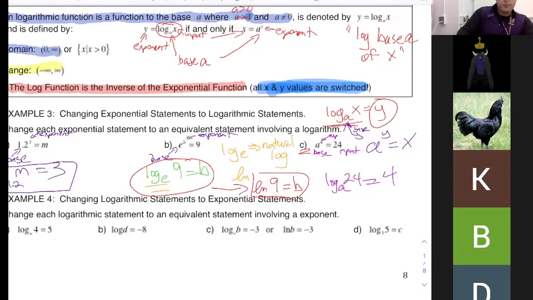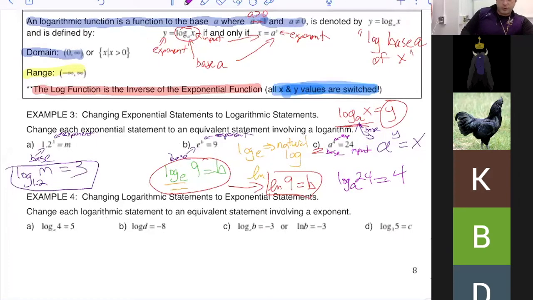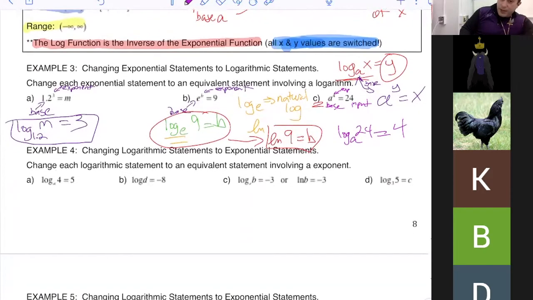All right, so now we're going to go the other direction. We're going to go from logarithmic notation to exponential notation. And again, the big understanding, and this is what I learned from my math teacher, is whatever it's equal to, that's going to be your exponent. This base is the same base.